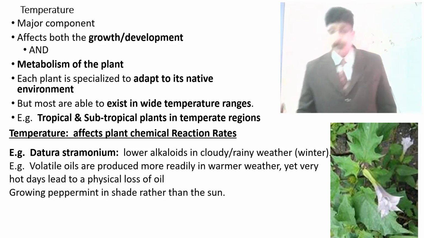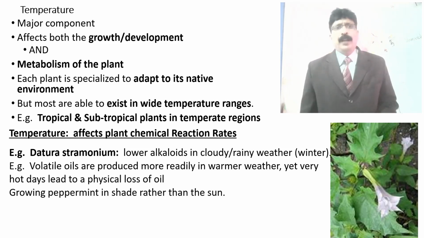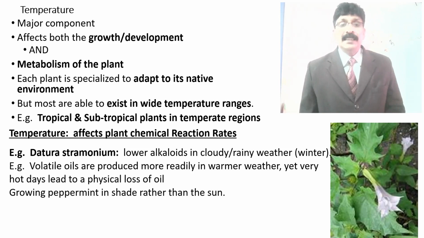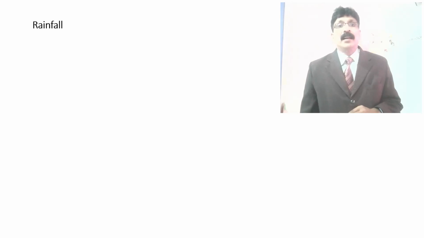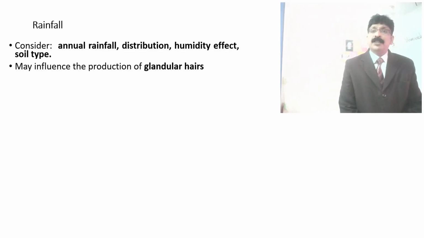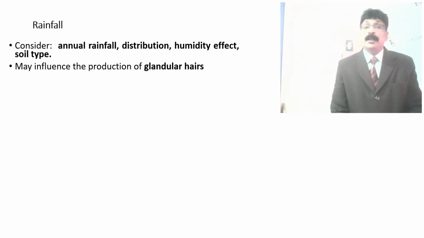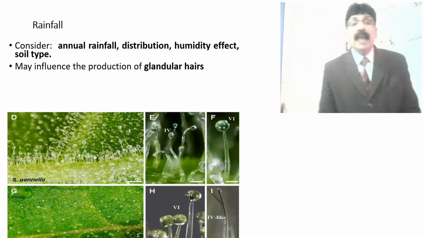Yet very hot days lead to a physical loss of oil, so peppermint is grown in shade rather than sun. Rainfall: consider annual rainfall distribution, humidity effect, and soil type, which may influence the production of glandular hairs. Glandular hairs are shown in the picture.